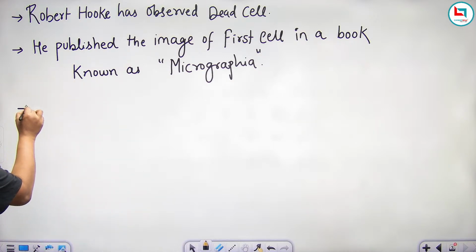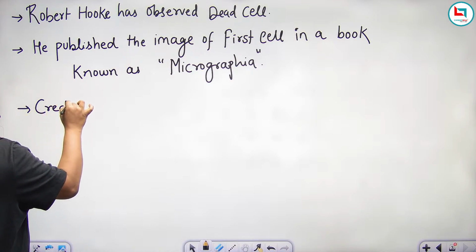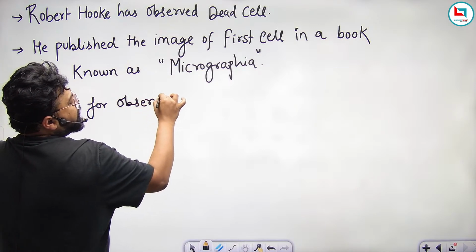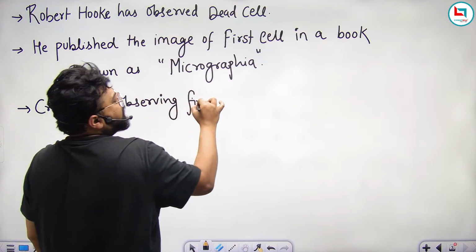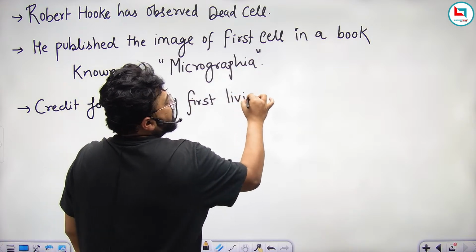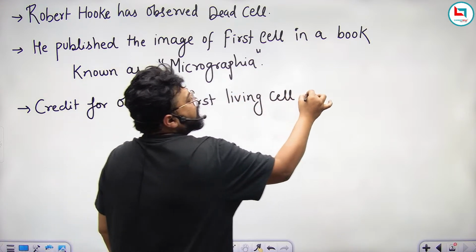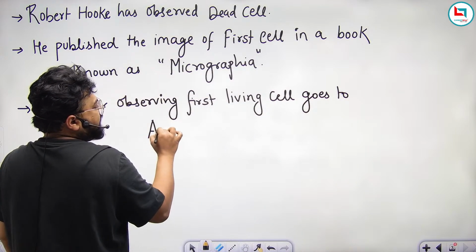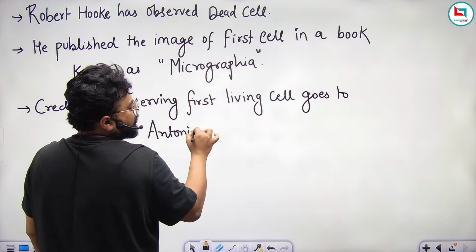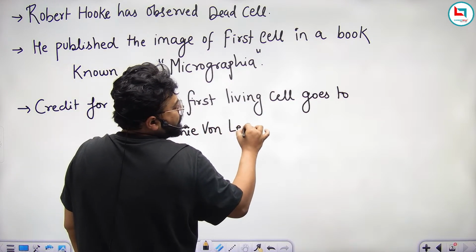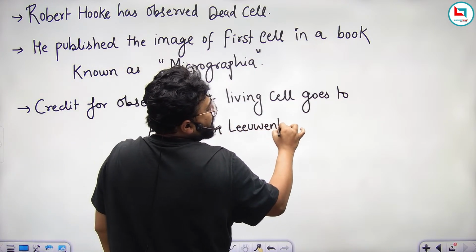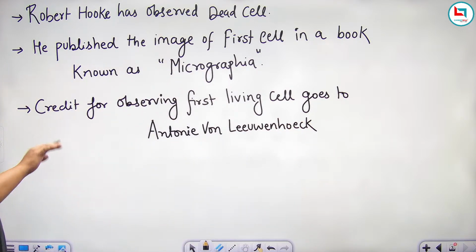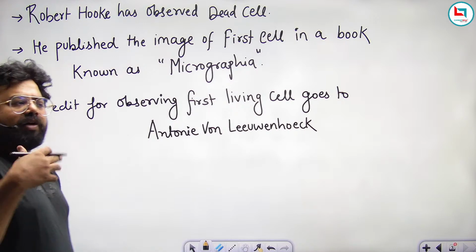So the credit for observing the first living cell goes to a different scientist known as Antonie van Leeuwenhoek. Antonie van Leeuwenhoek was a worker in a glass factory.